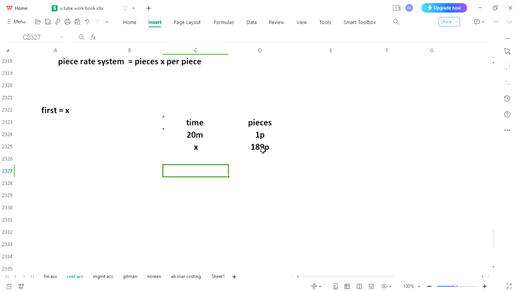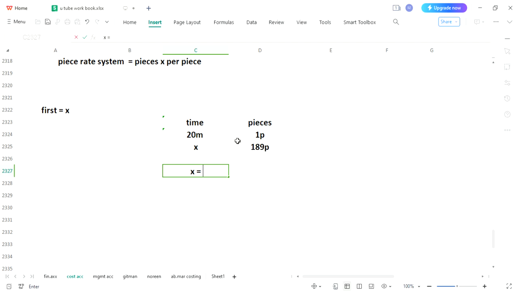Here we will apply the simple accounting principle, cross multiplication. X would be multiplied with 1, we will get only X. The signs M, P and P were written just for your convenience. They are not required and are not to be put here in actual. So 20 minutes are needed for one piece. How much time is needed to manufacture 189 pieces?